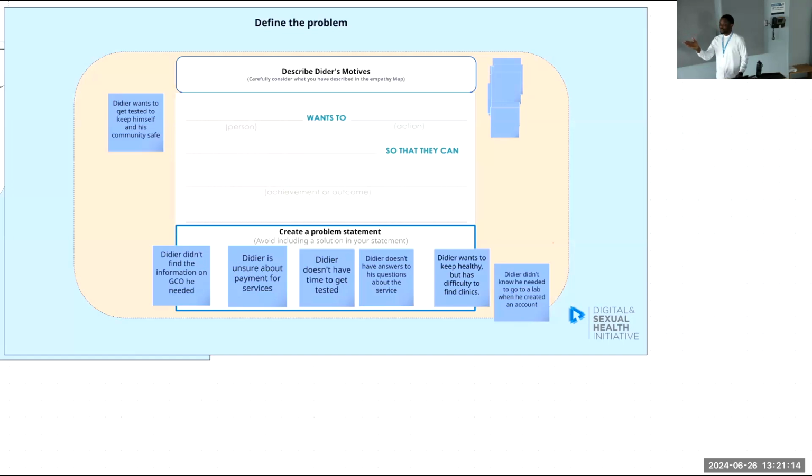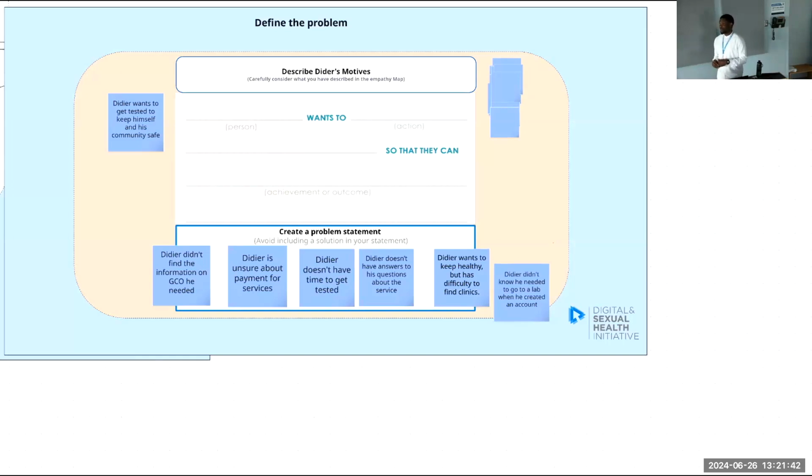Are there any specific problem statements in the room? Any other persons describing what the core problem is based on the journey map I just described? Again, no right or wrong answers. I think even in practice, you spend a lot of time thinking about a problem statement, crafting it, getting feedback from various partners involved with your project.